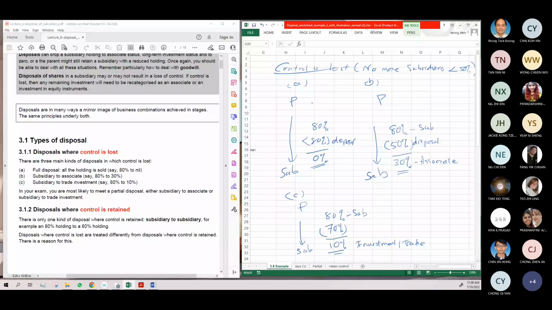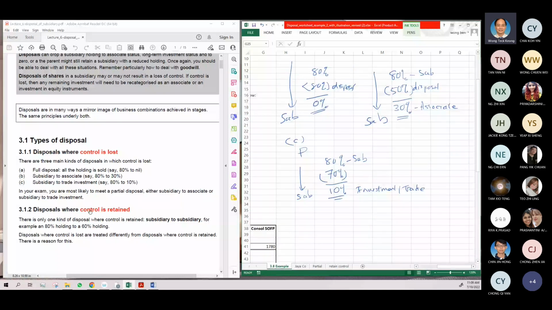Then you have one more type, when control is retained. So retained means you still have control. It means it's still your subsidiary. So this is a simple one, like P controlling S. So you got 80%, you sold 20%, so you have 60% remaining.